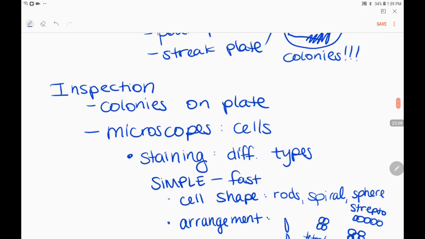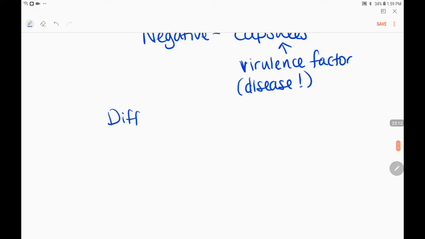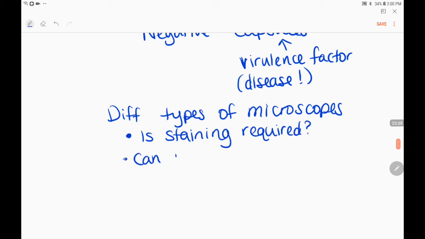There are also several types of microscopes, which your book does a wonderful job of, and we'll discuss more in class. The questions you want to ask: is staining required for the type of microscope? If staining is required, that's going to kill your sample. Can it view live samples?